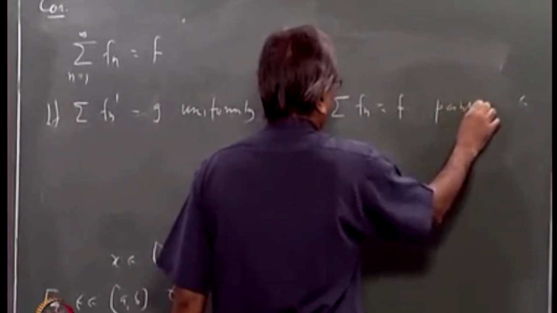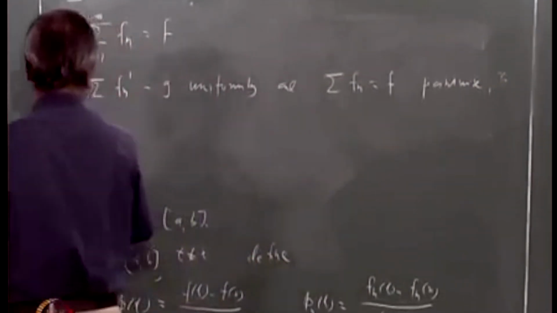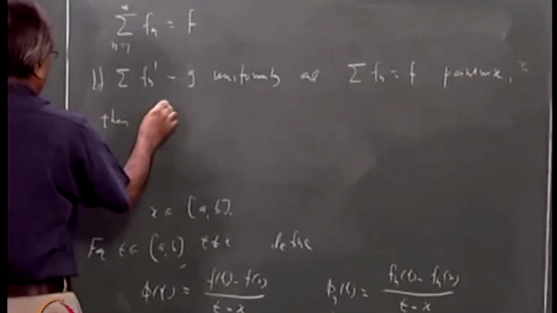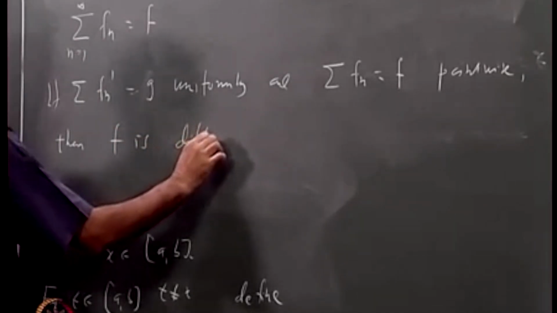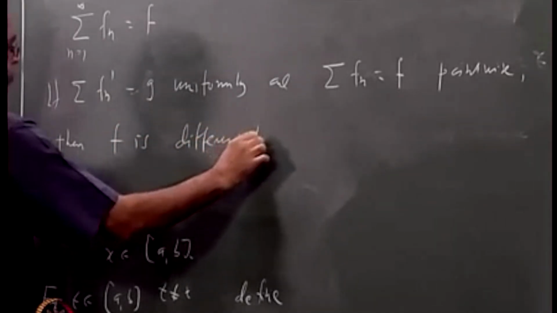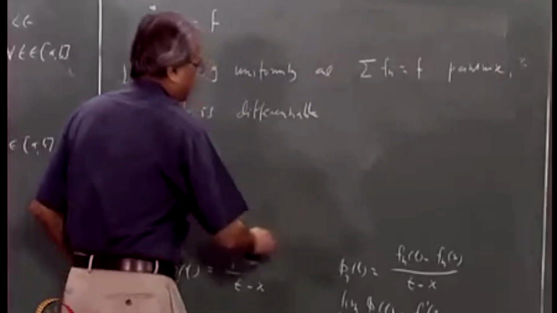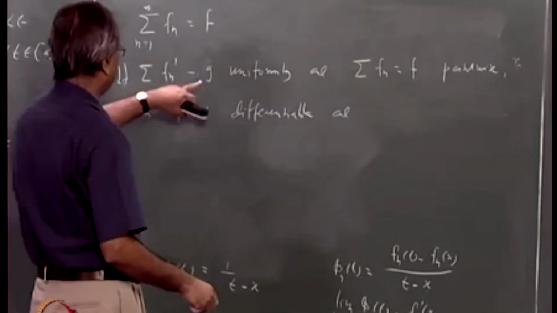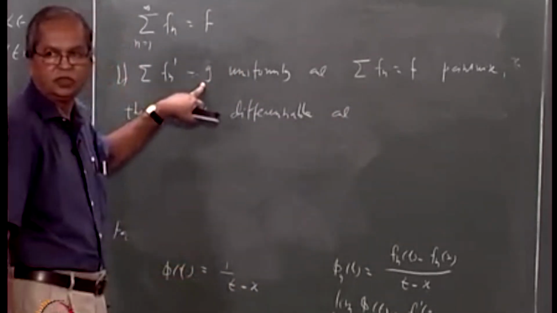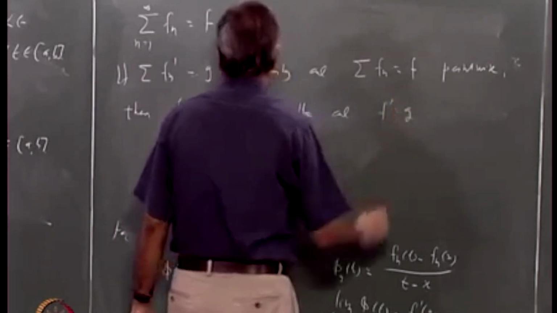Actually it is enough to say at least at one point, by using that theorem, then f is differentiable and its derivative is nothing but g. That is, f prime is equal to g.